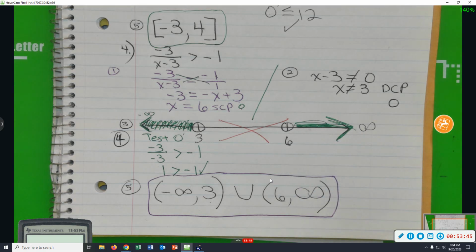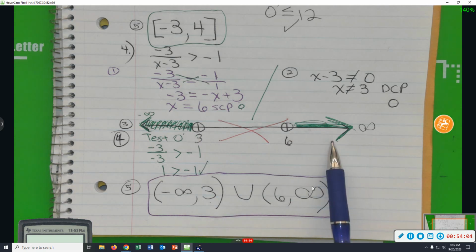If you found a really old math book from before computers, there would always be a lot of writing, words rather than the symbols. But this is just a symbolic way of saying every number to the left of 3, not including 3. Every number to the right of 6, not including 6. This is just shorthand notation.